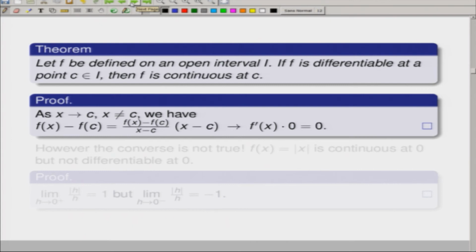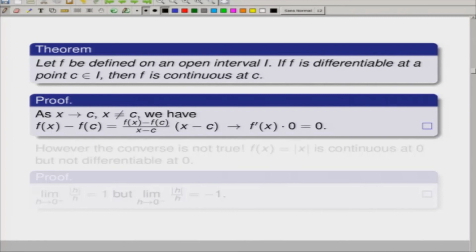So I can divide by x minus c; I will divide and multiply. Now, if I take the limit, what I know is that the limit of f of x into g of x, x goes to a, is equal to limit of f of x into limit of g of x, provided both limits exist.